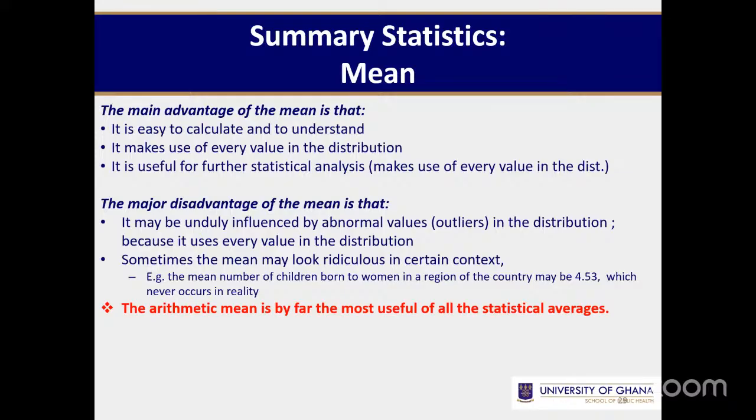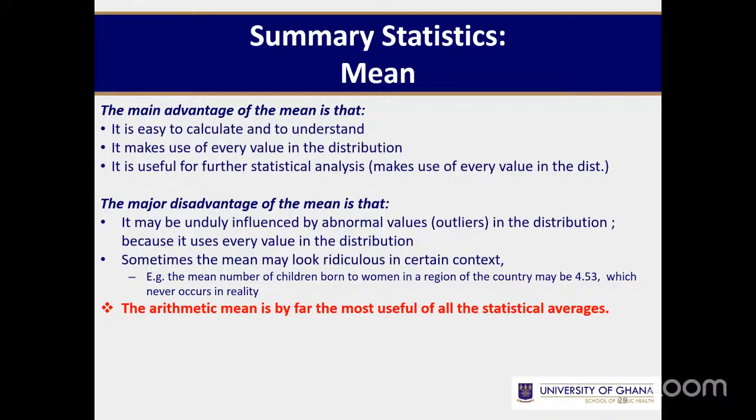And what is very painful is that you finish all this, about to present, and then you are called and told to check your data set well, and you realize that there was an outlier. You check and realize that that was not the correct entry. In some cases, the mean may also look ridiculous. For example, we are talking about parity of a woman.